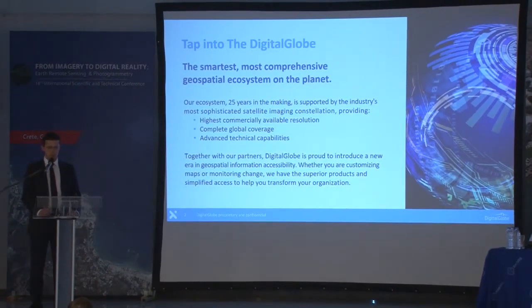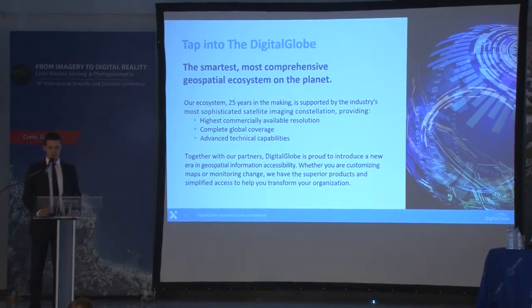As you know, DigitalGlobe invests a lot of time and resources into its constellation, contributing to the enlargement of archives. And this data sits in the main archive, and in order to make it more accessible, modern services are required.